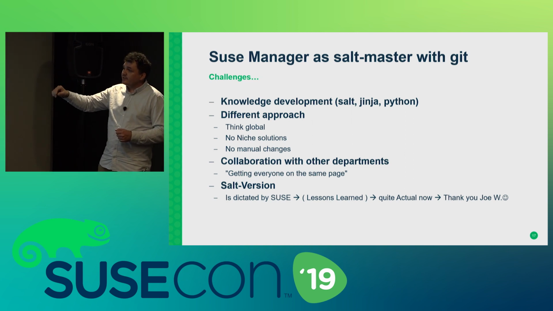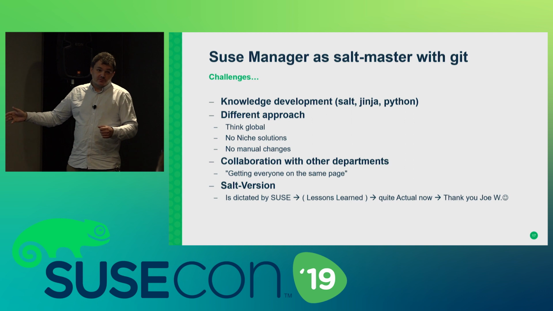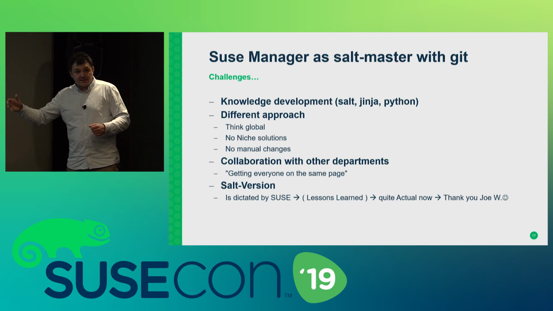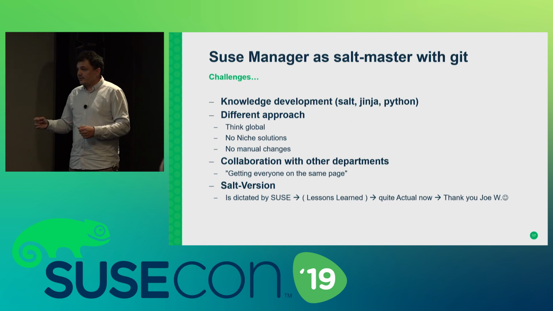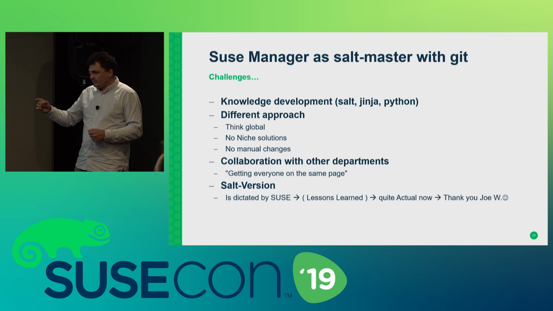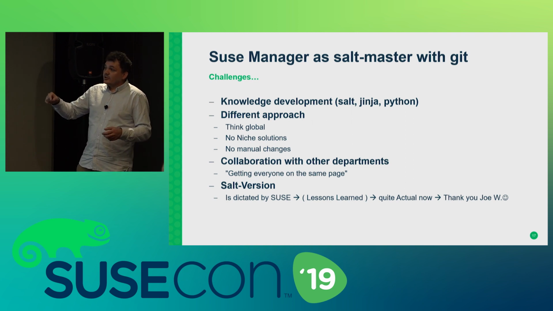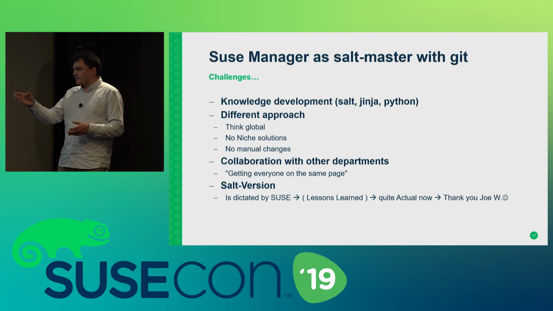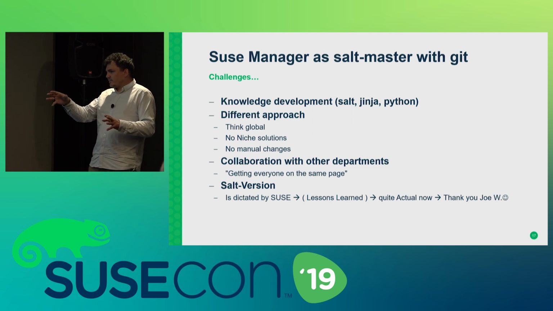And what we learned here is that it's now quite actual, and it gets updates quite a few times during the year. When we started off, we had like version 14 or 12, 15, I think.